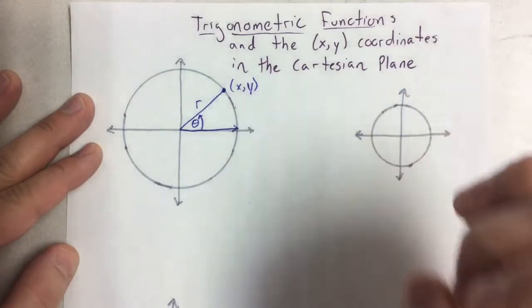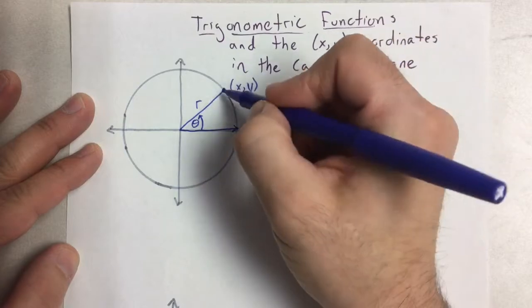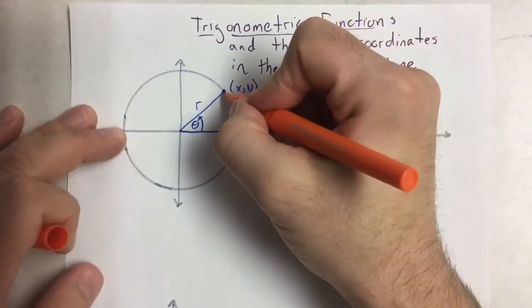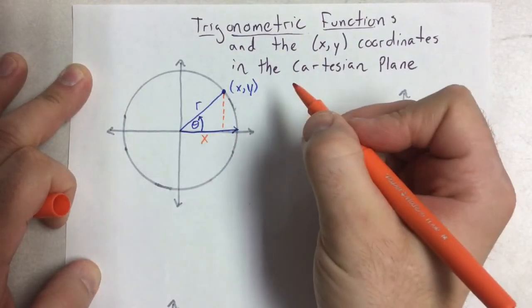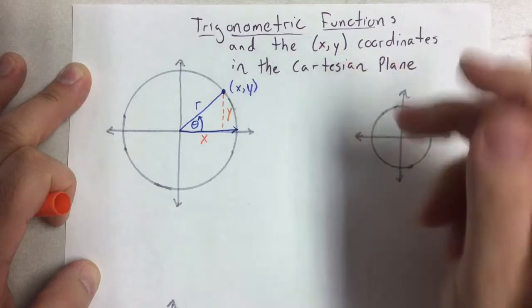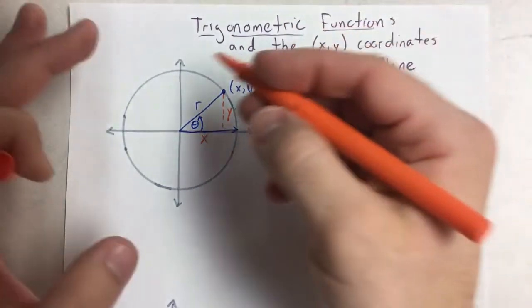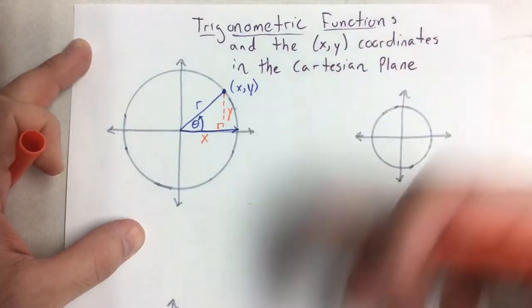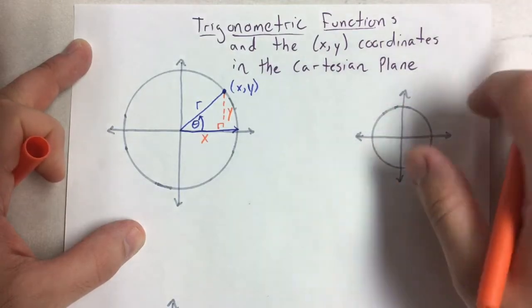If I look at this coordinate, x comma y, that's saying that we went x to the right and some y value vertically. So we took this and we're now seeing a right triangle out of it, and with this right triangle we're able to write all of our sine, cosine, tangent ratios.